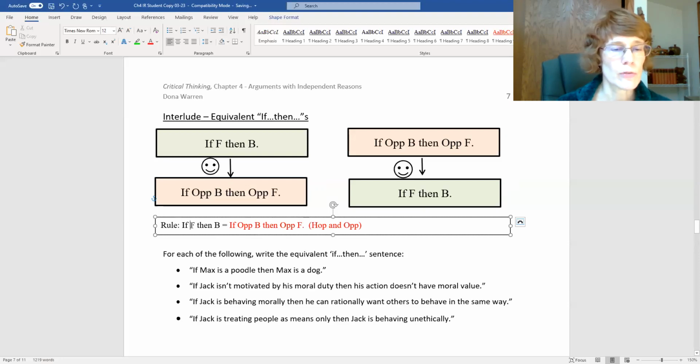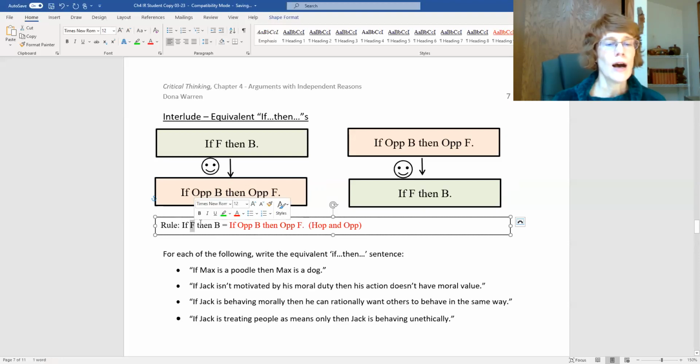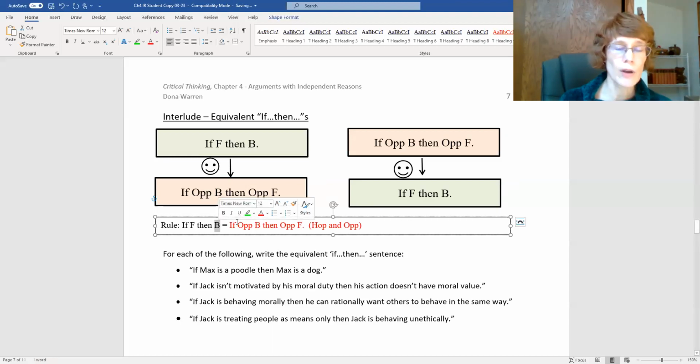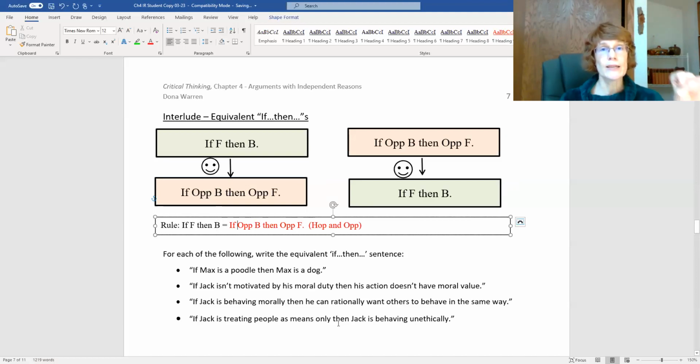We can take the front part, hop it to the back, and take the opposite of it. We can take the back part, hop it to the front, and take the opposite of it. When you hop and op at the same time, you get an equivalent if-then, or an equivalent conditional. Don't hop without opping. Don't op without hopping. But if you do them both at the same time, you're golden.